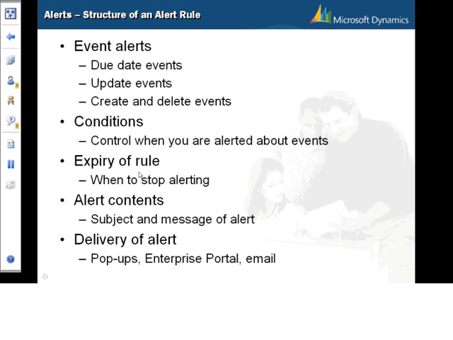So, expiry of the rule. You can specify how long the alert rule is to be active. Alert content. You can define the subject and message to be alerted with, and delivery method or delivery of alert.